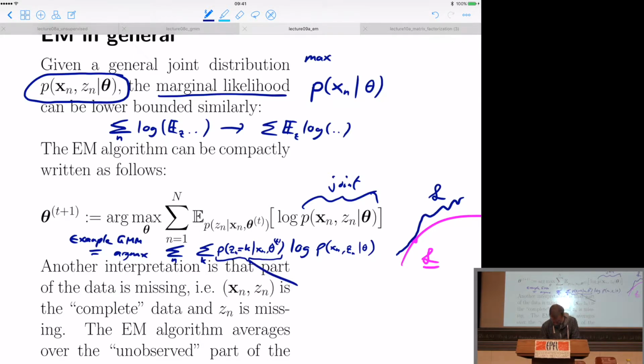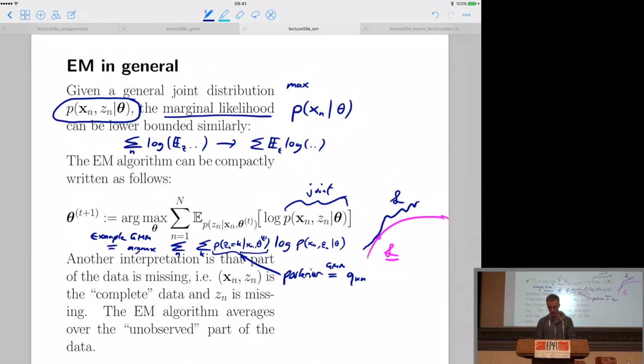So, yeah, posterior. And in the special case that now I'm looking at, so now in that special case for GMMs, that's actually exactly the QKN. So, okay. So then what we have is the sum of these QKNs times the log, and that was actually exactly the EM as before.